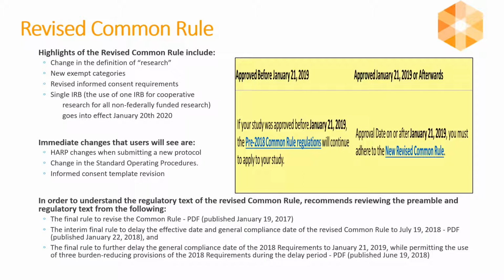There's certain scholarly and journalistic activities, certain public health surveillance activities, collection and analysis of information, specimens or records by or for a criminal justice agency for certain criminal justice or investigative purposes, and certain authorized operational activities for national security purposes.